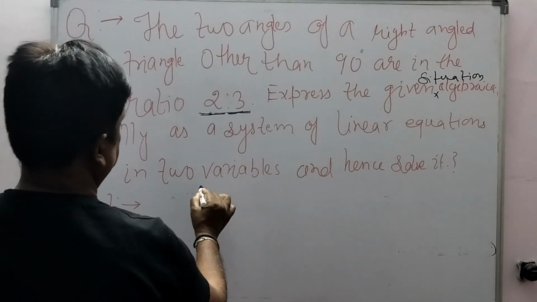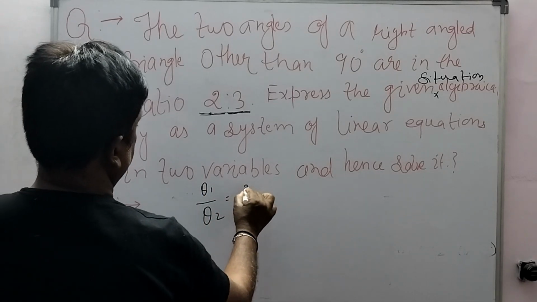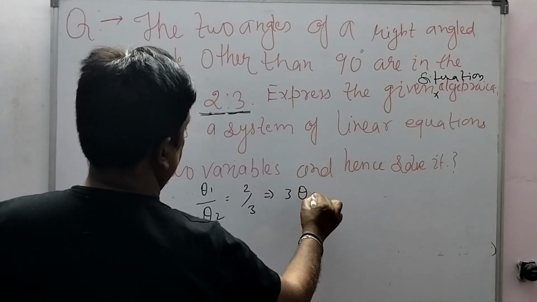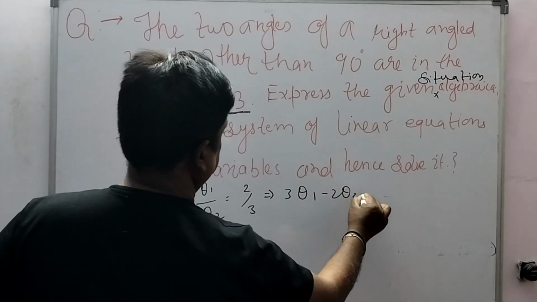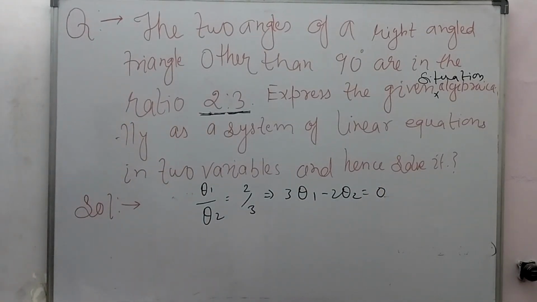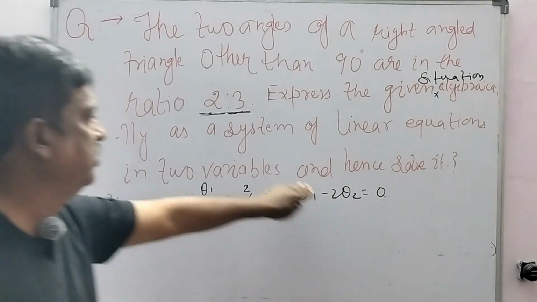What have we got? Theta 1 by theta 2 is 2 by 3, that means 3 theta 1 minus 2 theta 2 equal to 0. We have already got that. What does the other information say? The sum of both angles is 90 degree.